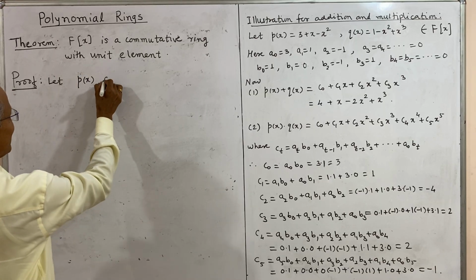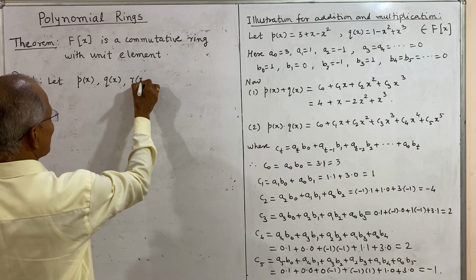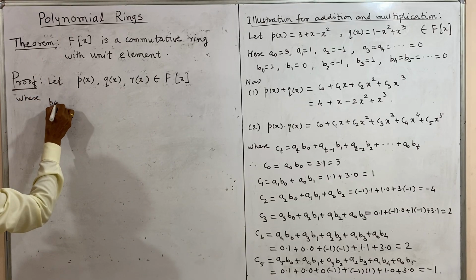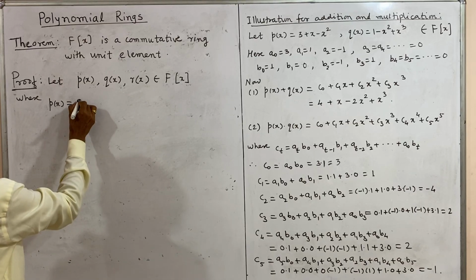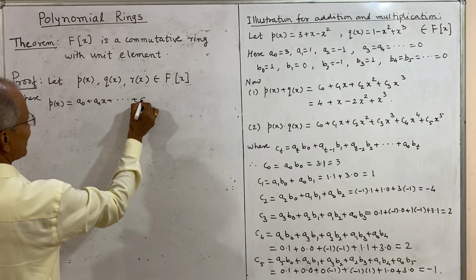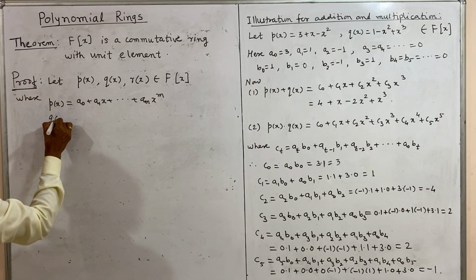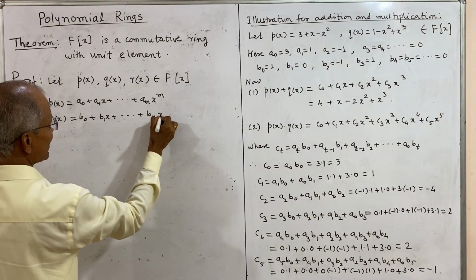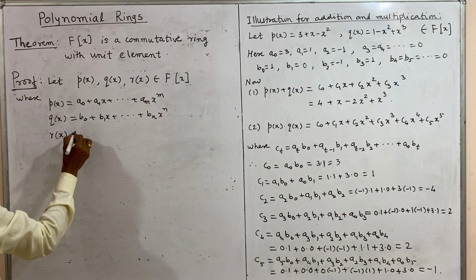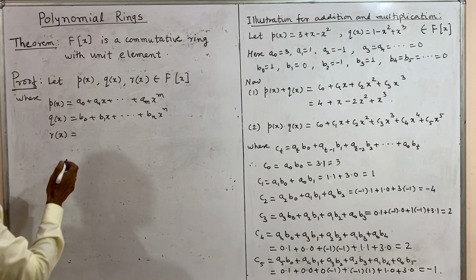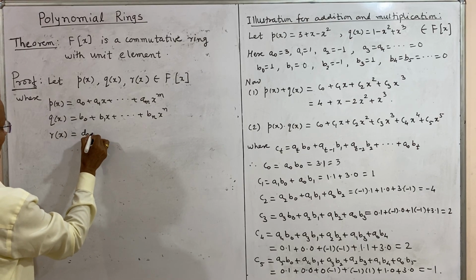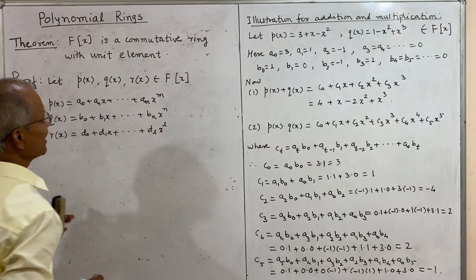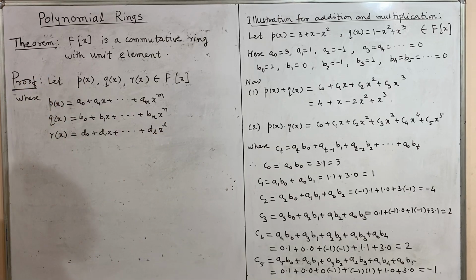In the set F of x, let p of x, q of x, r of x denote the polynomials p, q and r belonging to F of x, and in particular we may write these polynomials like this, as in earlier case we have written: p of x is a naught plus a1x plus so on up to am x raised to m, q of x as b naught plus b1x plus so on up to bn x raised to n, and r of x is equal to d naught plus d1x plus so on up to dl x raised to l, where ai, bi, di belong to the field F.